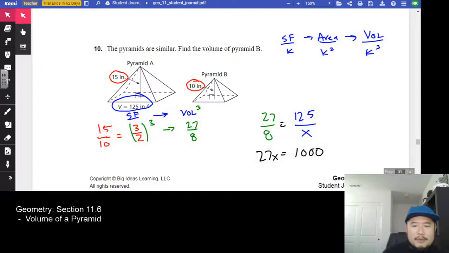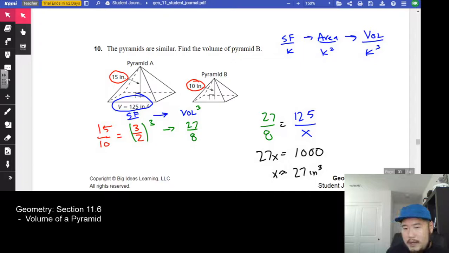So if you divide both sides by 27, x is approximately 37 inches cubed.